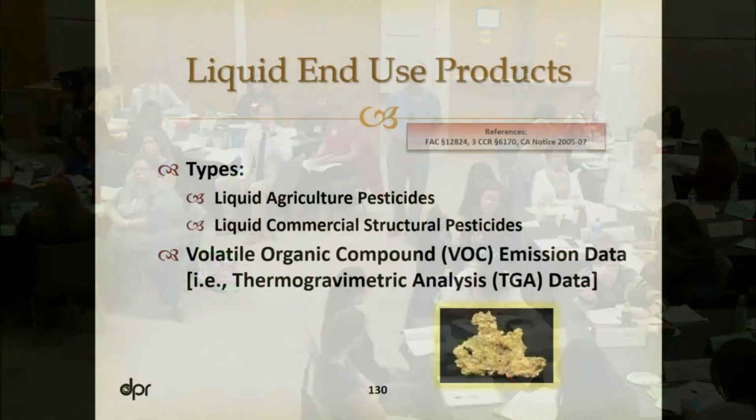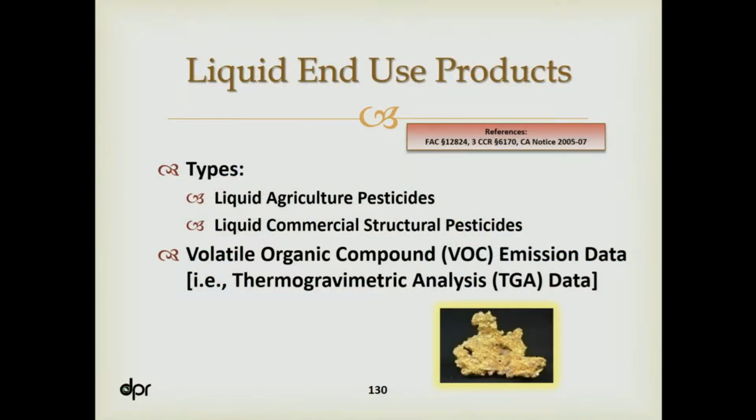Liquid end-use products. When I said liquid end-use products, if your product is a liquid ag pesticide product or liquid commercial structural pesticide product, then you're going to have to deal with the VOC emissions data. For the most part, a lot of companies realize that. They'll submit that data up front, or we may request that data a little bit later.